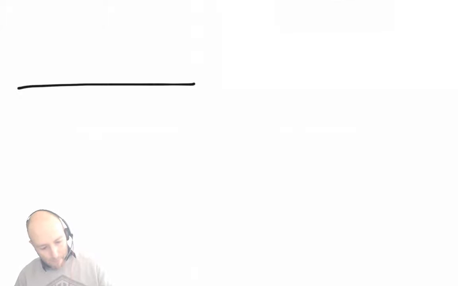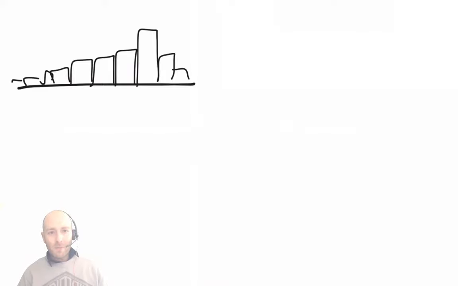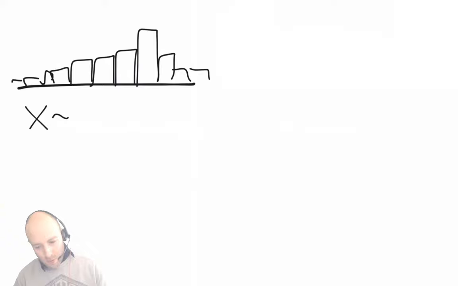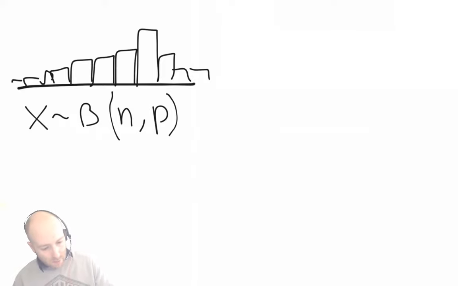Cool. So, if we think about a binomial distribution first of all, if we say that X is a binomial with n number of trials and p probability of success. Obviously this is a discrete variable.